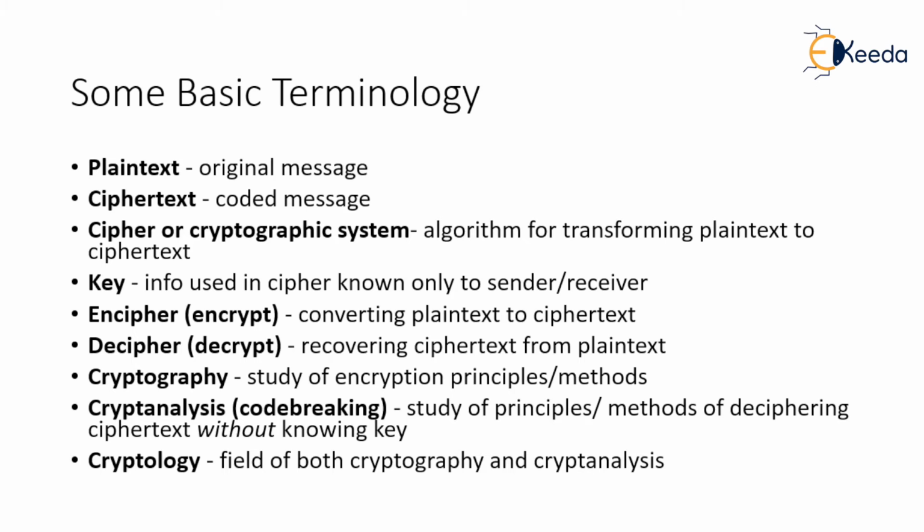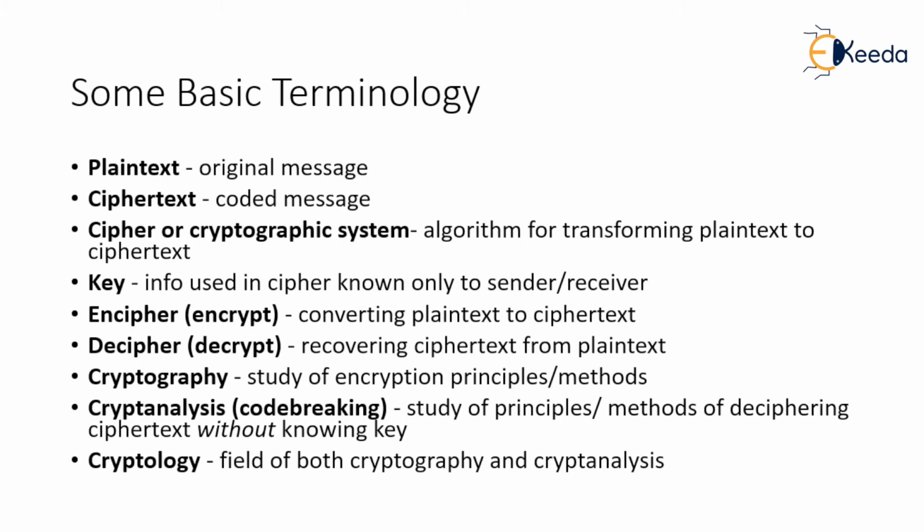Next is a cipher or a cryptographic system. How is the ciphertext developed? For developing the ciphertext, there is a need for an algorithm which helps the user convert plain text into ciphertext.